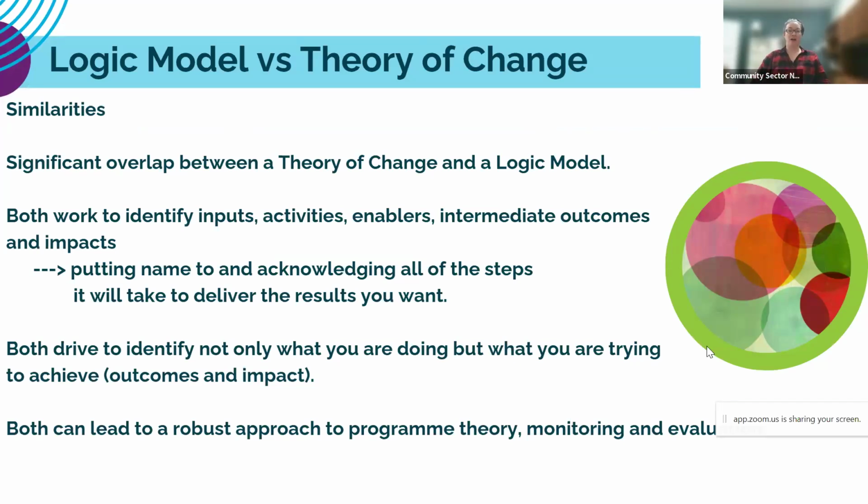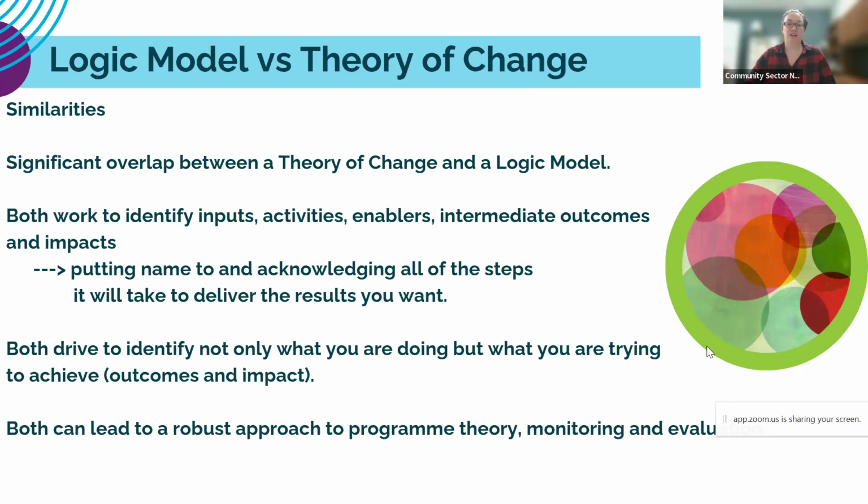So both identify inputs, activities, enablers, intermediate outcomes, and impacts. And so you really just pick the one that you think is best to be used in your organization, the most clear for the type of outcome that you're striving to make, and the size of the project, and how you fit into the sector, both within your local community or maybe on a global scale.